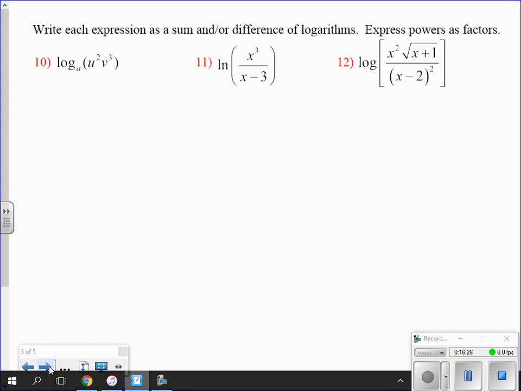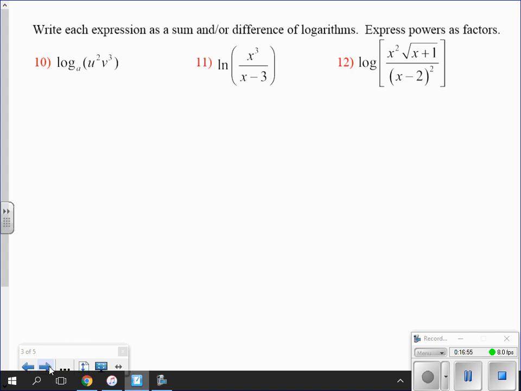Okay. So the idea is to rewrite them instead of one logarithm as many logarithms. You want to simplify the logarithm part down as much as possible. Instead of one big logarithm, I want several smaller, simpler logarithms. That's the idea. So my first thing is, I have things being multiplied.